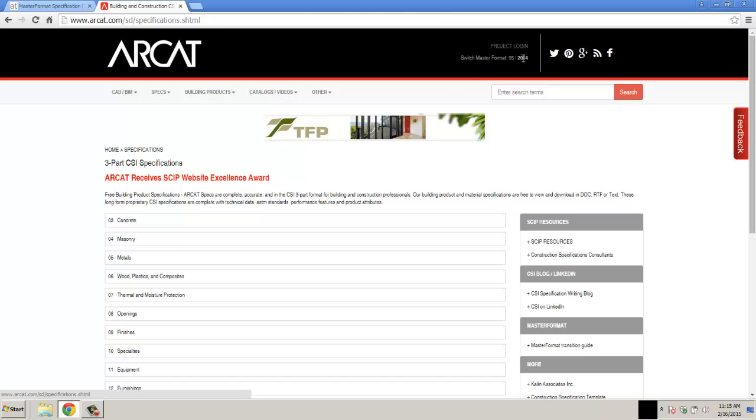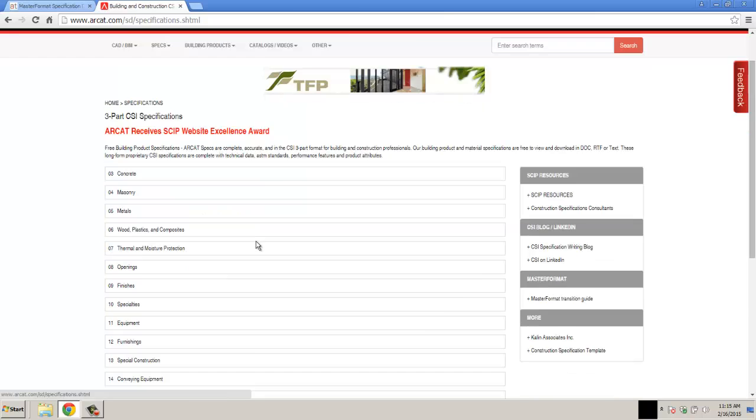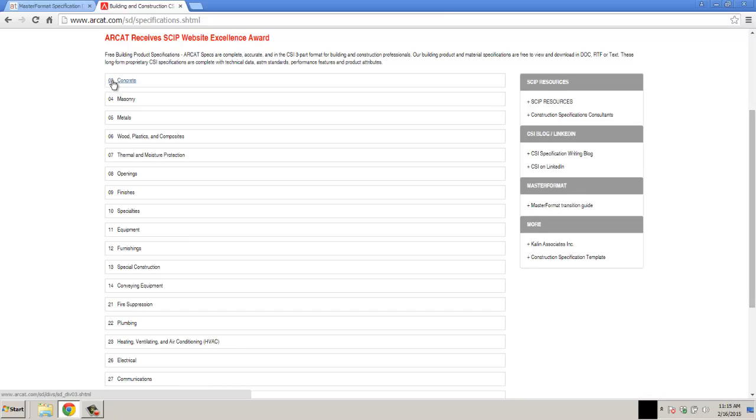We're working in the 2014 master format. If I switch to 95, it has a little different numbering configuration. What we use is the 2014. In the 2014 CSI configuration, your 0s or your 1s and your 2s are your general conditions.